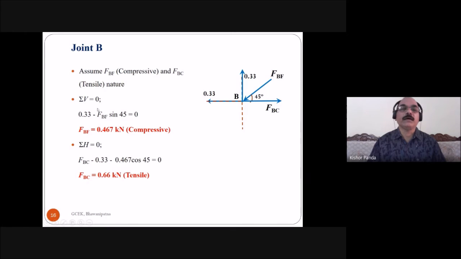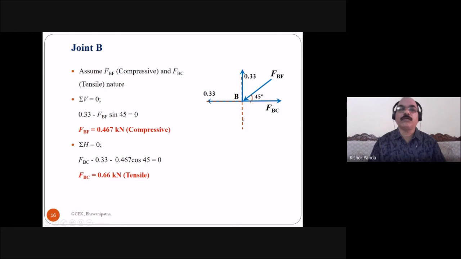Then using the equilibrium equations, summation of vertical force is equal to 0 and summation of horizontal force is equal to 0, you can find out the force in the member BC and BF. So first take the summation of vertical force is equal to 0. Here this is the force in the vertical direction, upward arrow mark, and take the vertical component of this inclined force, FBF sin 45.